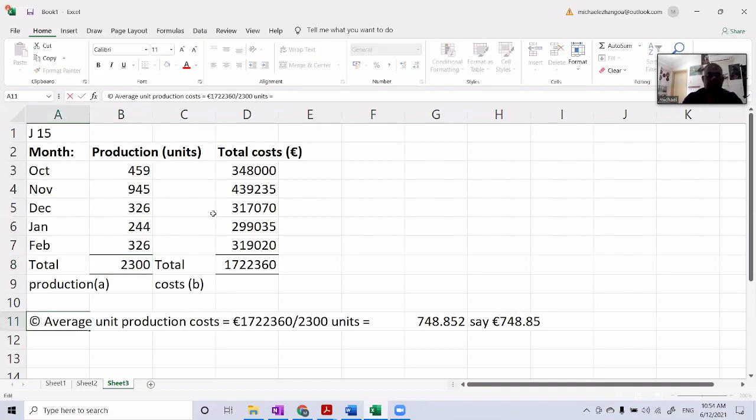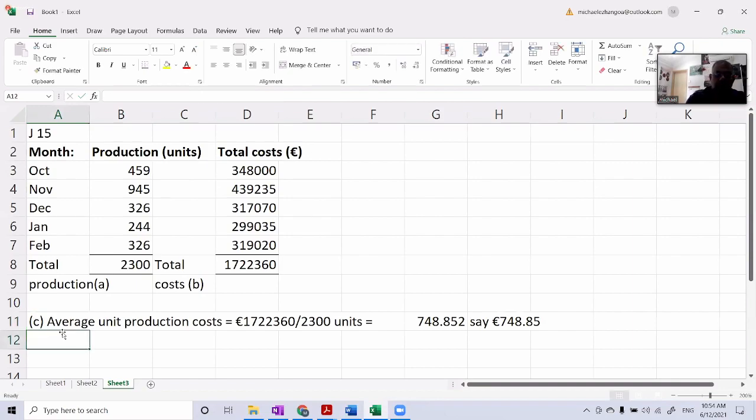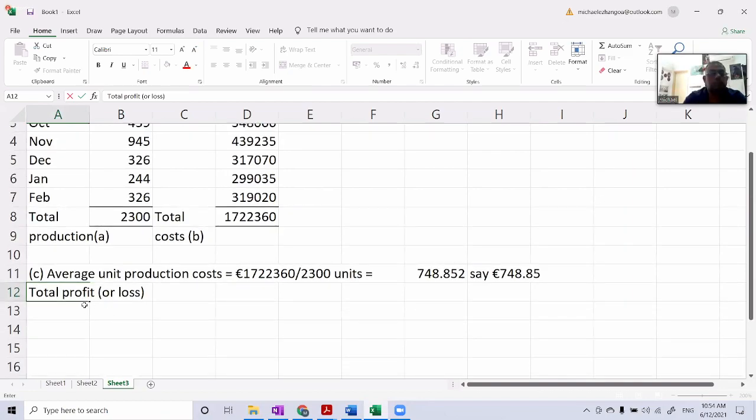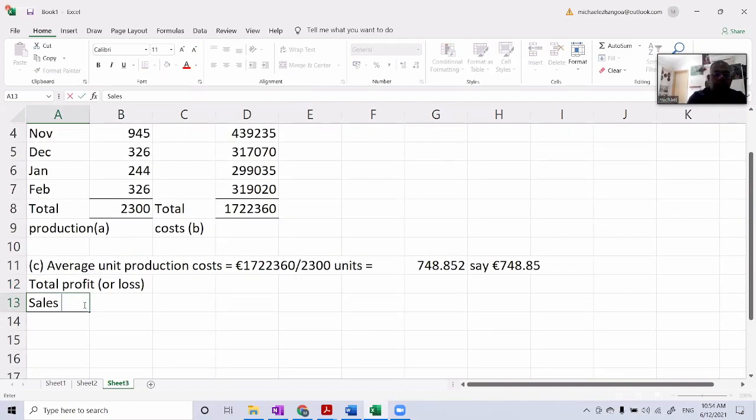Next, total profit or loss. Sales revenue will be 2,300 units multiplied by 500 per unit.